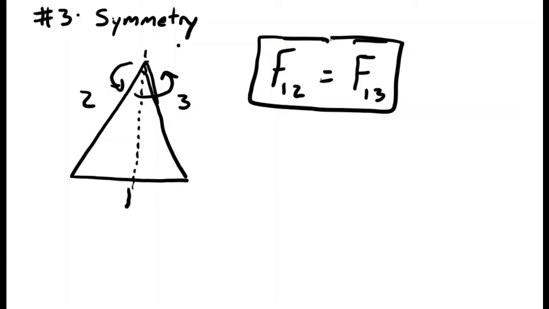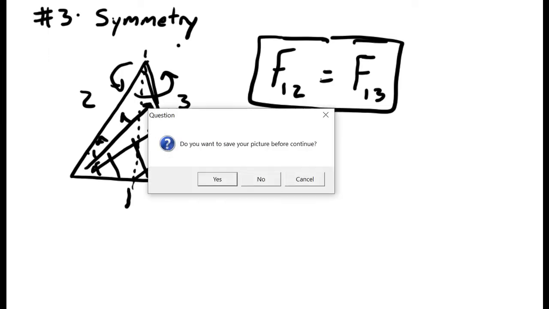Right, so the amount of heat leaving 1 that's going to hit 2 is the same as the amount of heat leaving 1 that's going to hit 3, because since energy is emitted uniformly in all directions, it's going to hit 2 and 3 equally. So that is the symmetry rule. Okay, so that's rule number 3.